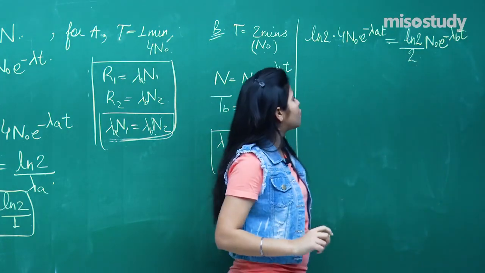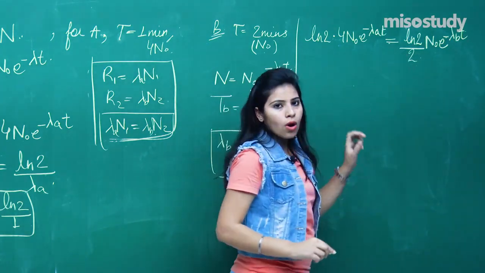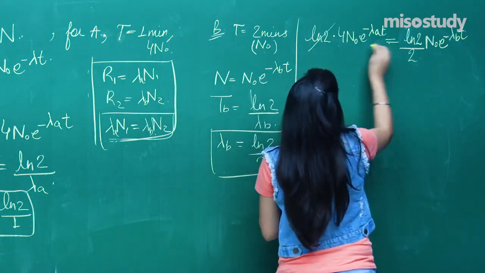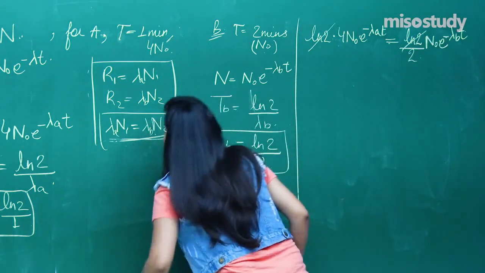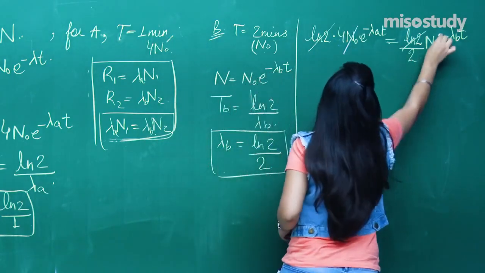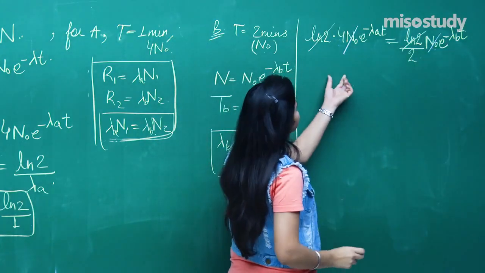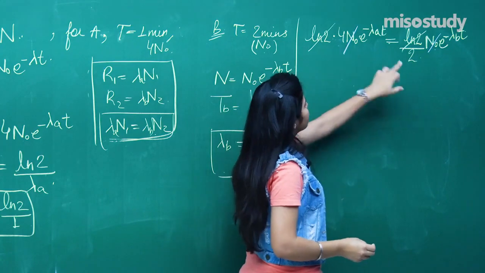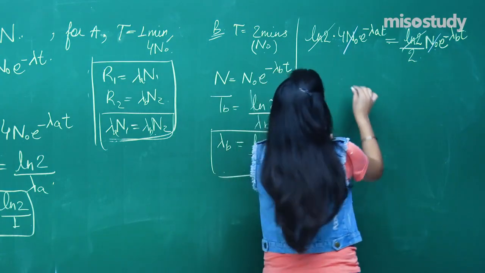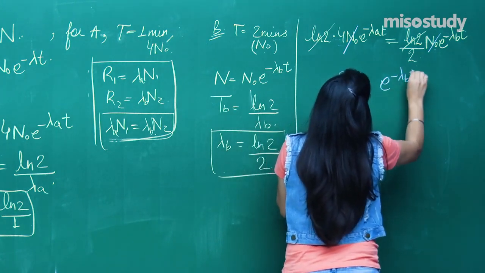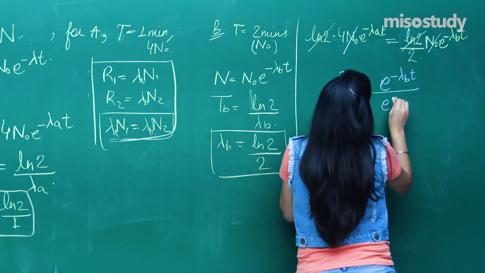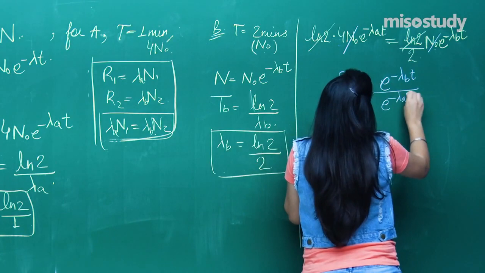Now what you can observe from here, log 2 will be getting cancelled. n naught will also be cancelled out. Now if we bring this 2 here, you will be having 8 equals e raised to the power minus lambda b t divided by e raised to the power minus lambda a into t.